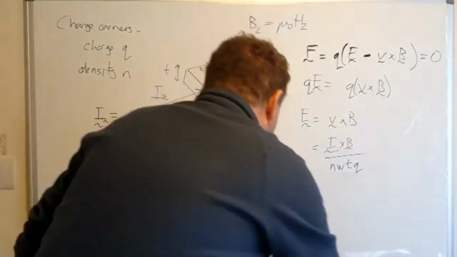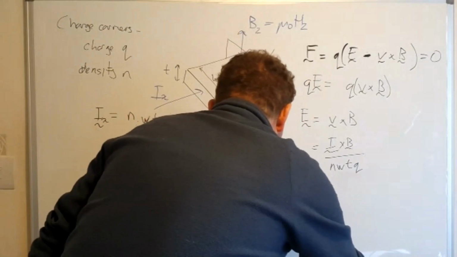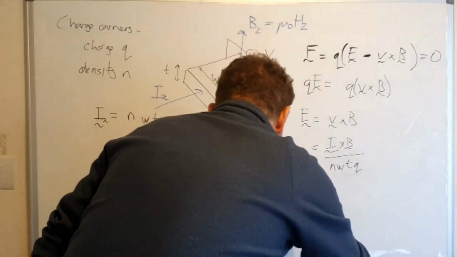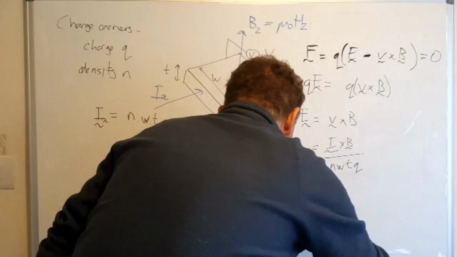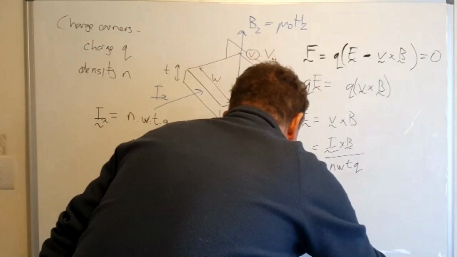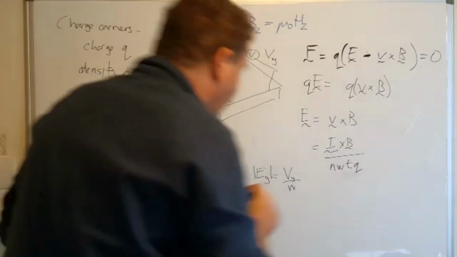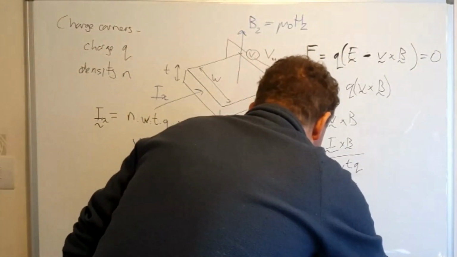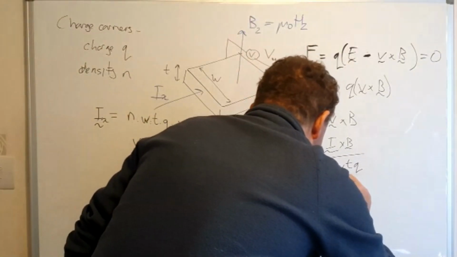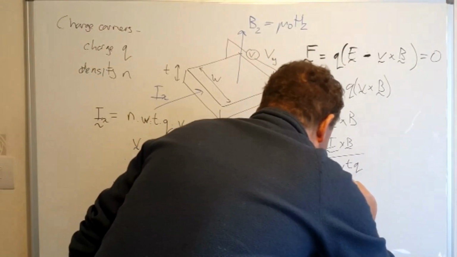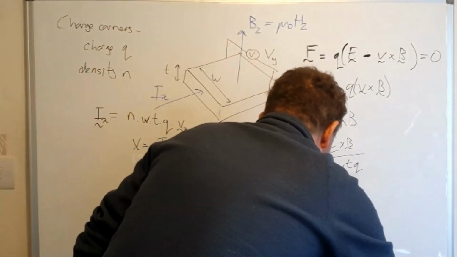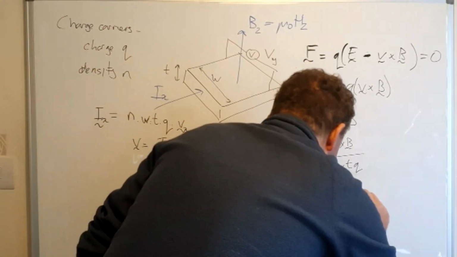So we can say the electric field in the y direction, or the magnitude of it, is the voltage in the y direction over the distance in the y direction, is equal to magnitude of the current times the magnitude of the field over all of those things.